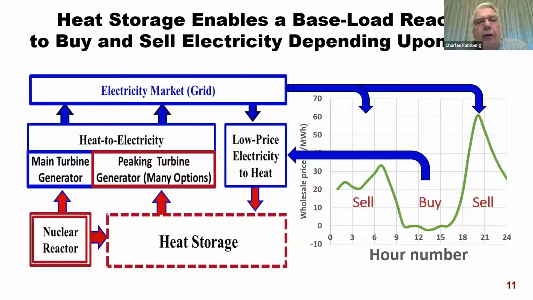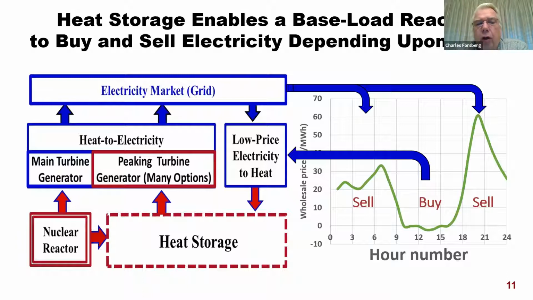Now, if there are times of high electrical prices, nuclear reactor heat and heat from heat storage goes to a turbine generator set that produces electricity whose output to the electrical market may be 2 or 3 times the base load production of electricity. At times of very low electric prices, near zero, our system buys electricity, and the electricity is converted to heat that goes into heat storage.